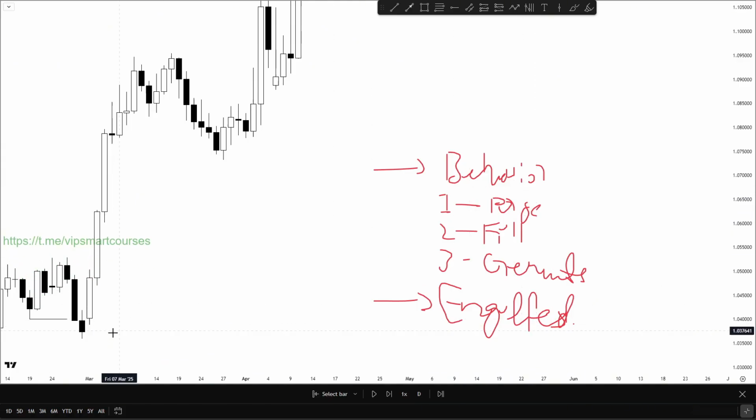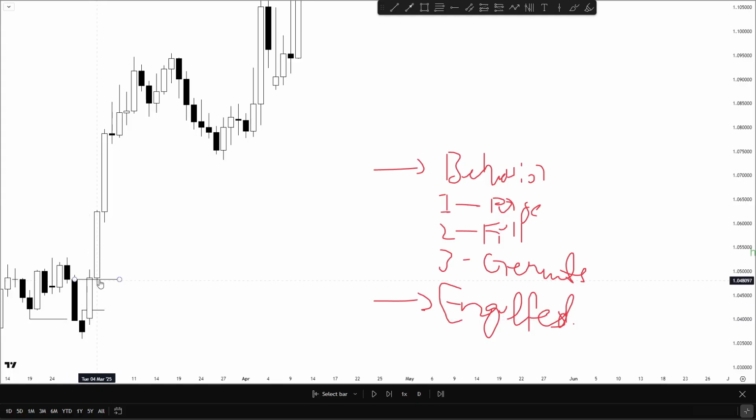The second thing that we'll have to look for is for price to engulf these candles or one of these candles. So first of all, you can see that price closed above this candle along with this candle as well. So when these two candles as a whole got engulfed, these two candles together turned into a single order block.